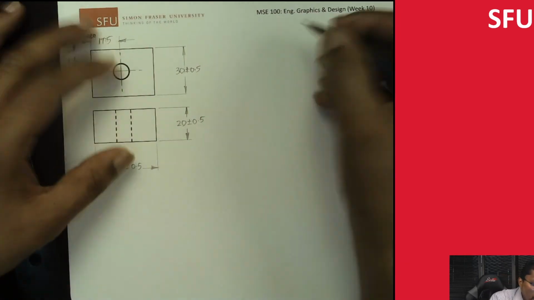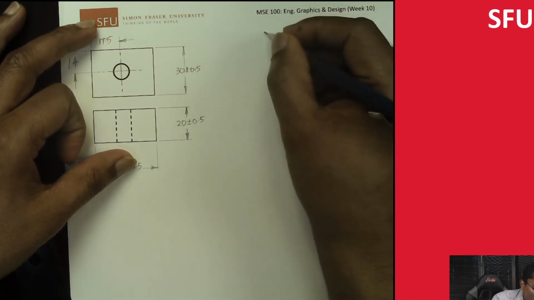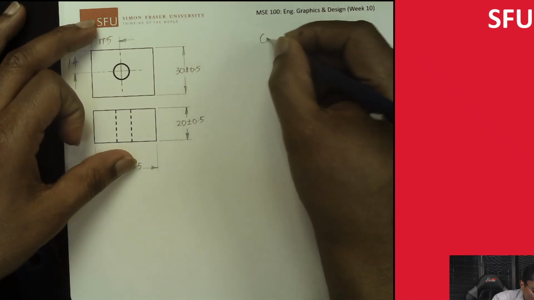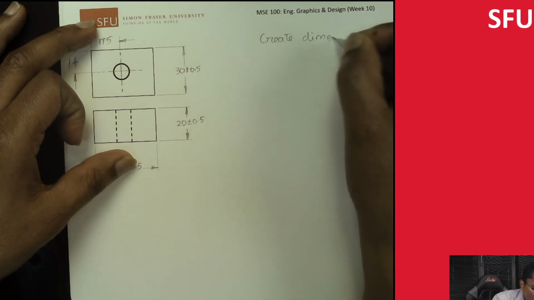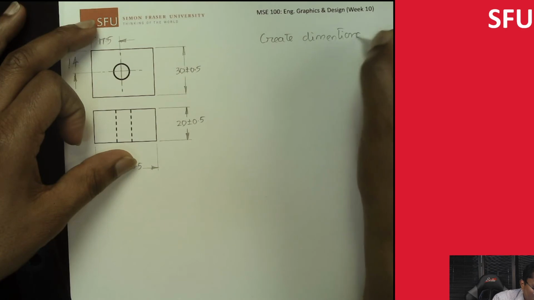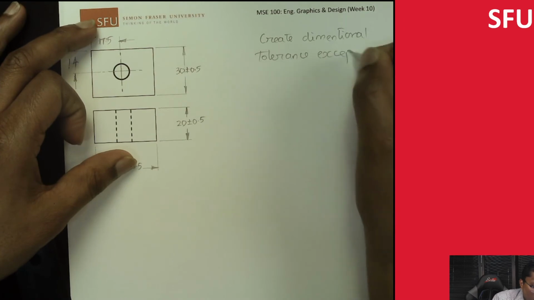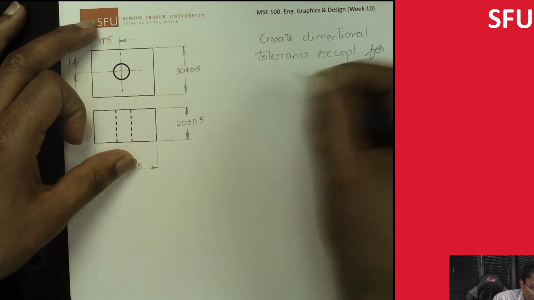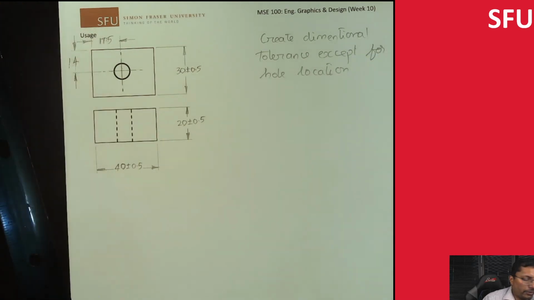So we have basically created the dimensional tolerance, except for the location of the hole. This is taken care of.